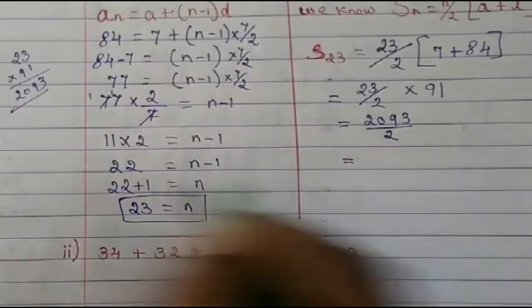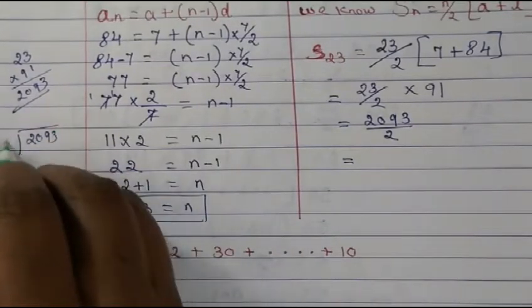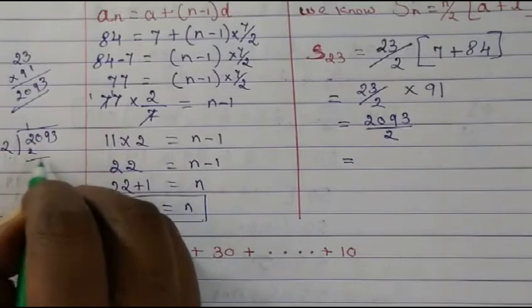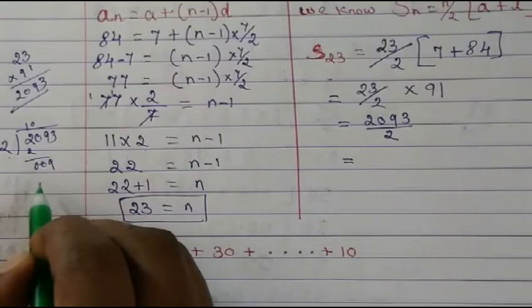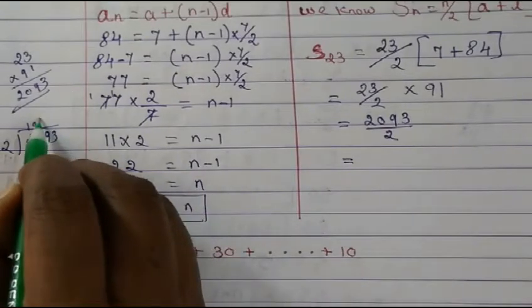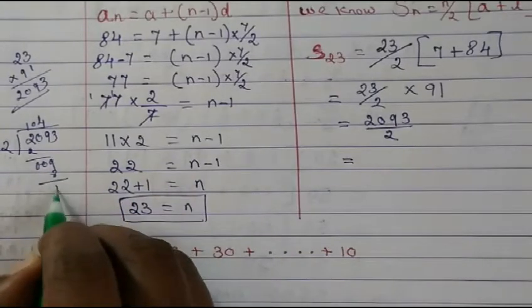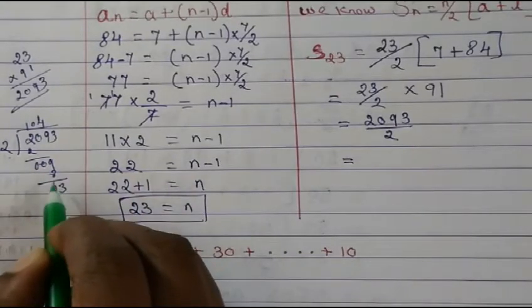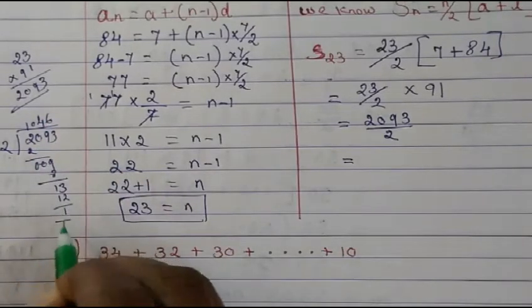So when you divide 2093 by 2, 1 times 2 is 2, 0, 0, the 2 table will come 0, then this 9 will come down, and 4 times 2 will give us 8, then 9, this 3 will come down, then you'll get 6 times 2 is 12, 1.